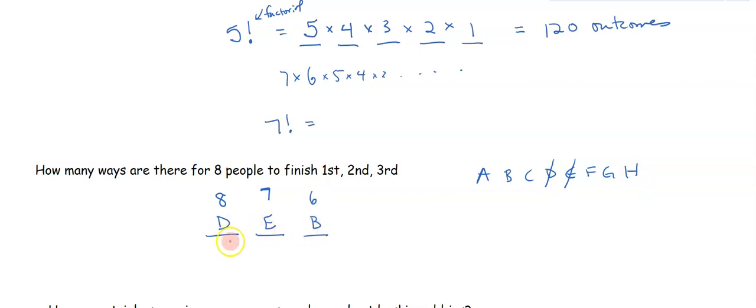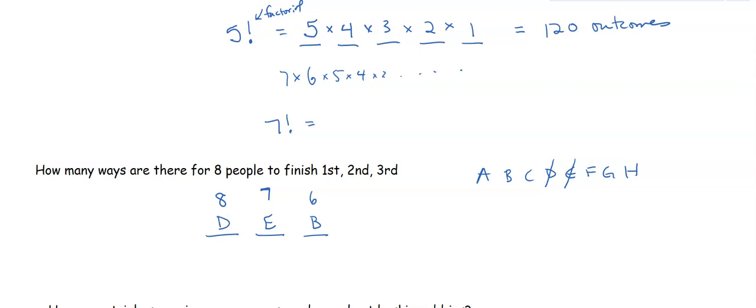So D, E, B. That is one order of finishing first, second, and third. Again, order matters. That will be considered a different outcome than B, E, D. That's a different outcome. Person B, then E, then D is different than this one. So order matters, right? We actually call that a permutation: how many ways you can arrange things in which order matters.